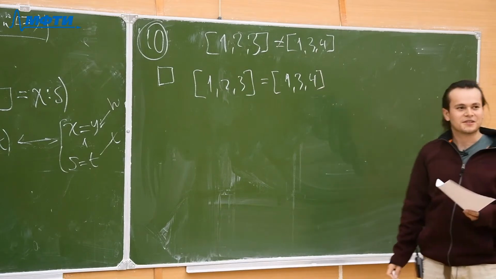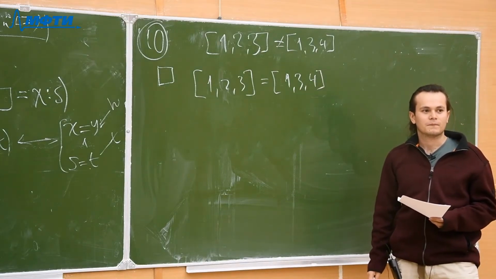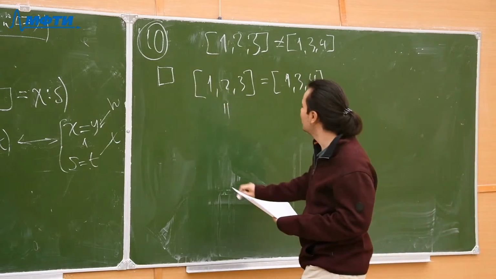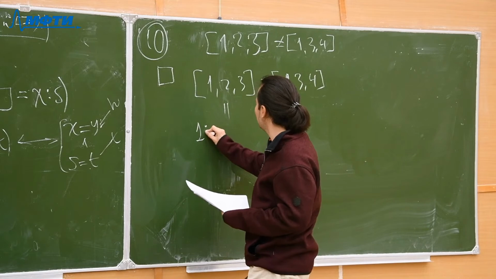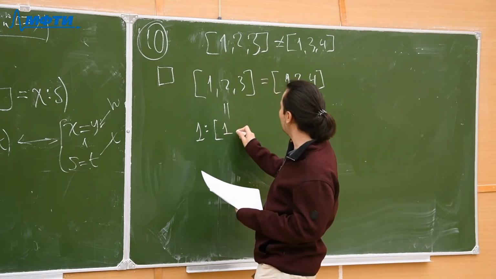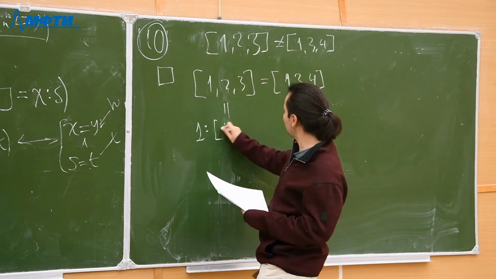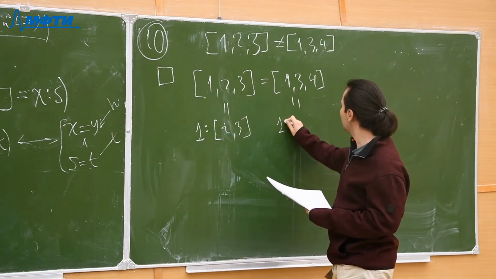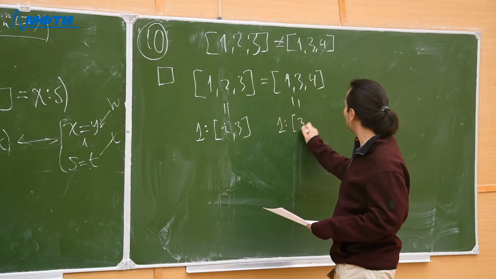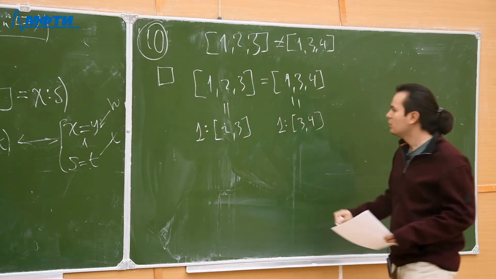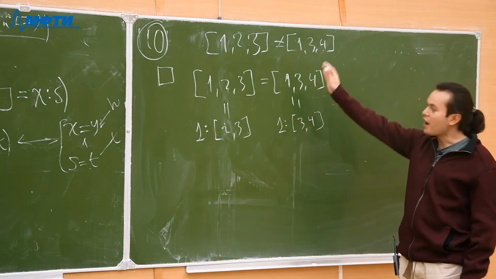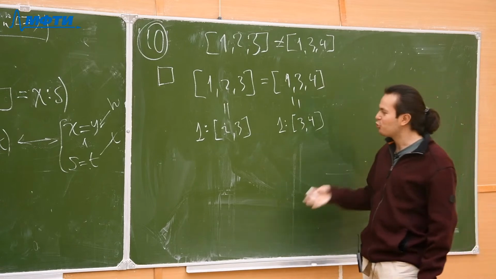What next? The first one is 1, comma. So this is equal to 1 column 1 2 3, right? And this is equal to 1 column 3 and 4. And then we do this again. Here there is no contradiction. We can do this again, but what do we need to do first?